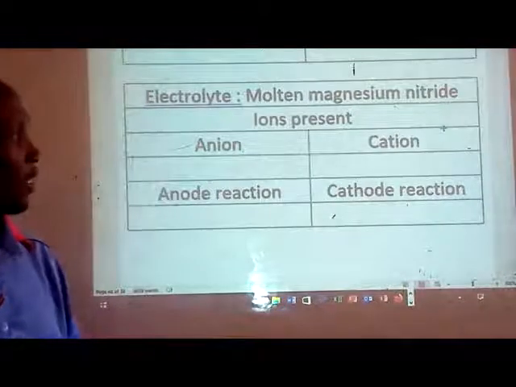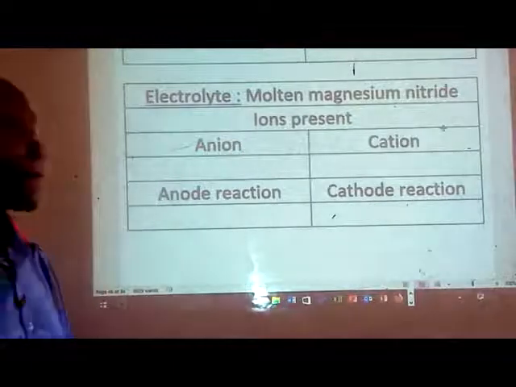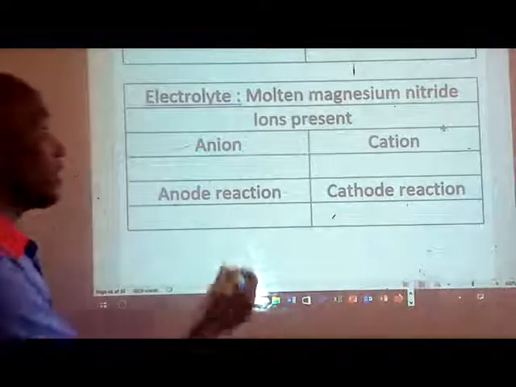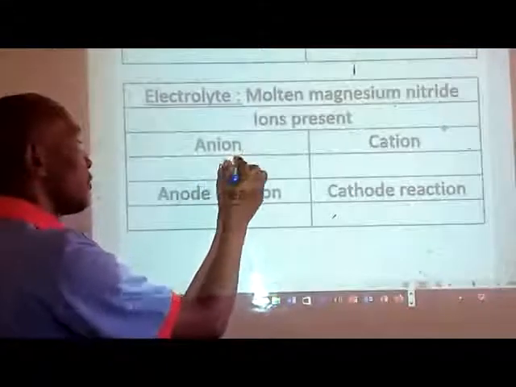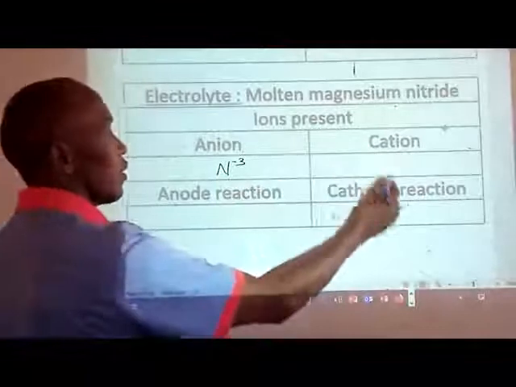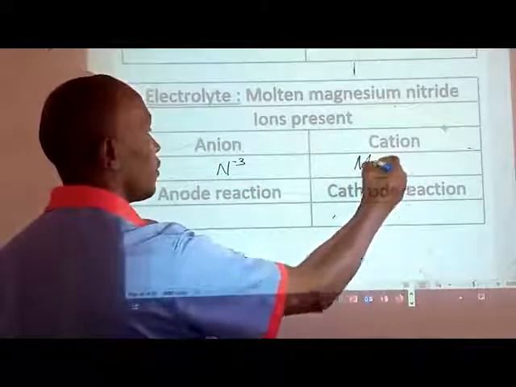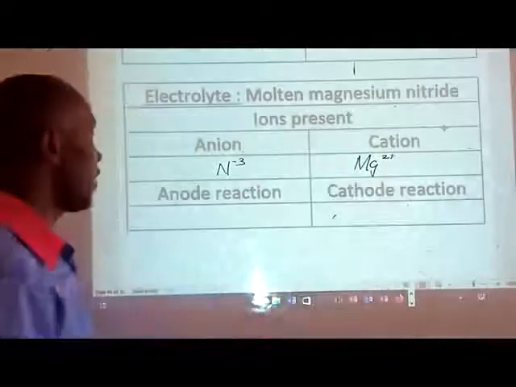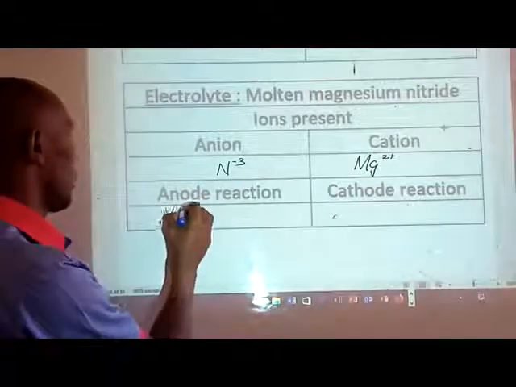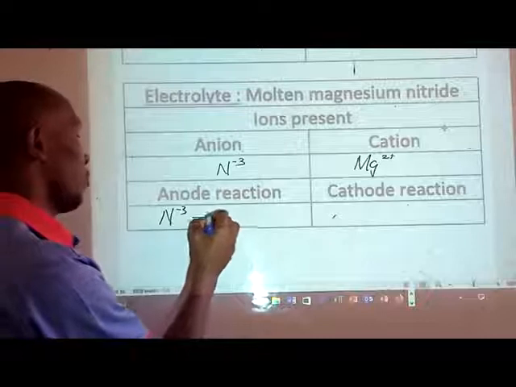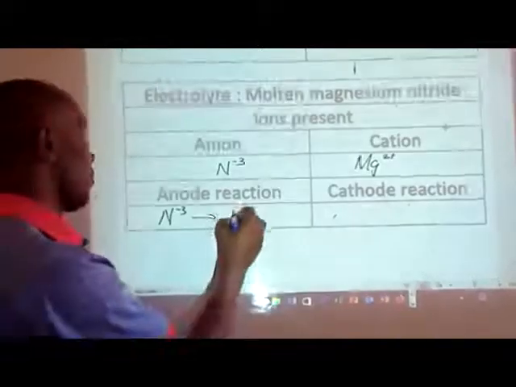Molten magnesium nitride. The ions present: the nitride ion, and the cation, magnesium 2+ ions. Anode reaction: the ions move there, minus 3 electrons to form nitrogen.